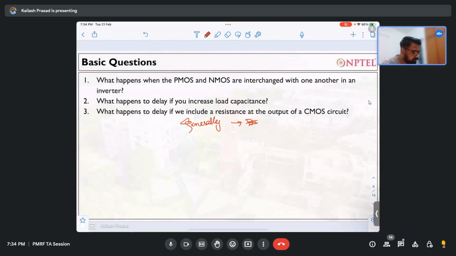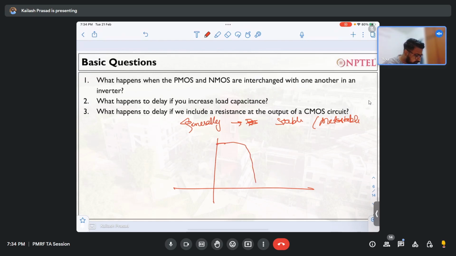Actually, we have two states only: one is stable, another one is metastable. Let me draw the characteristics for you. This is how an inverter looks like. If this is Vout and this is Vin, if Vin is lesser than this particular voltage, your output is 1. If Vin is greater than this particular voltage, the output is 0.